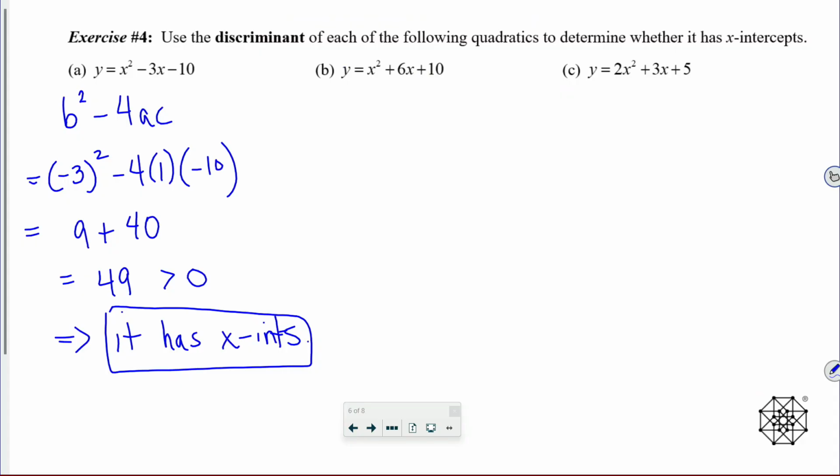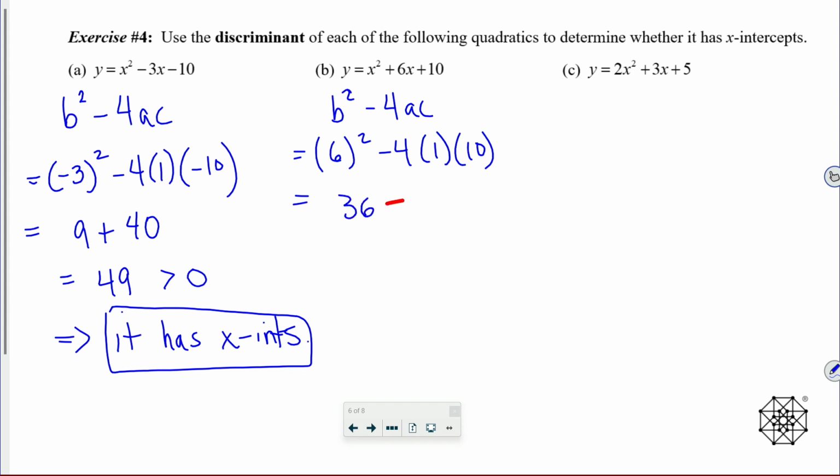Letter B. Here we have the parabola y equals x squared plus 6x plus 10. So if I'm looking for b squared minus 4ac in this case, that's going to be 6 squared minus 4 times 1 times 10. That's 36 minus 40, and that's equal to negative 4. Now, that is less than 0.